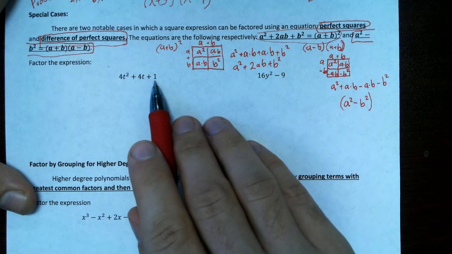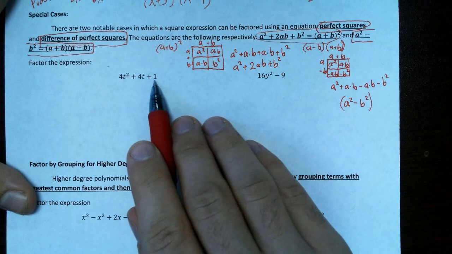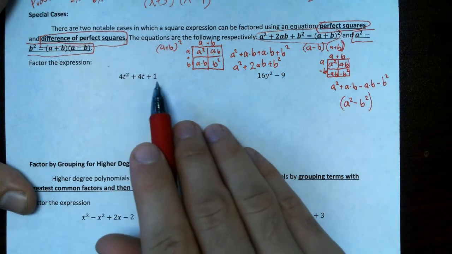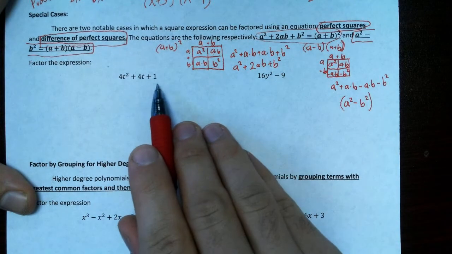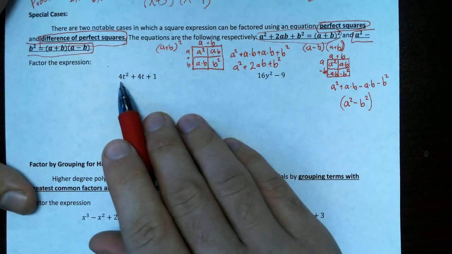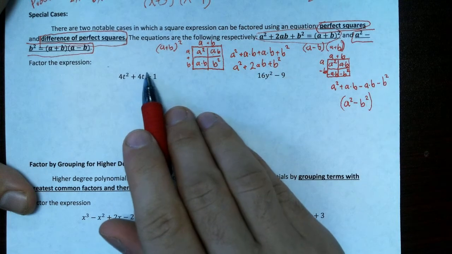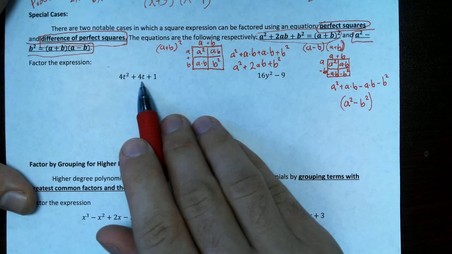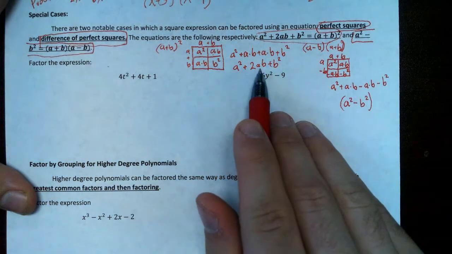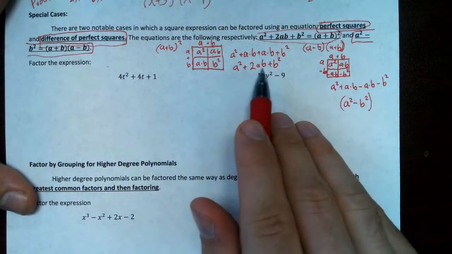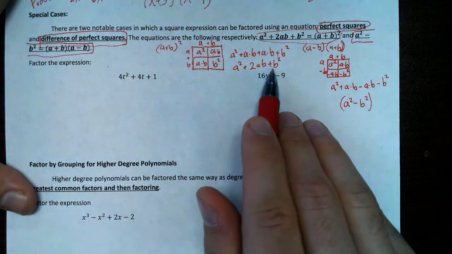Is 1 a perfect square? Well, indeed, 1 times 1. And this is going to be your key indicator. You're going to see perfect squares on the ends, and that's when you want to question this middle term: is it 2 times the square root of your outside terms?